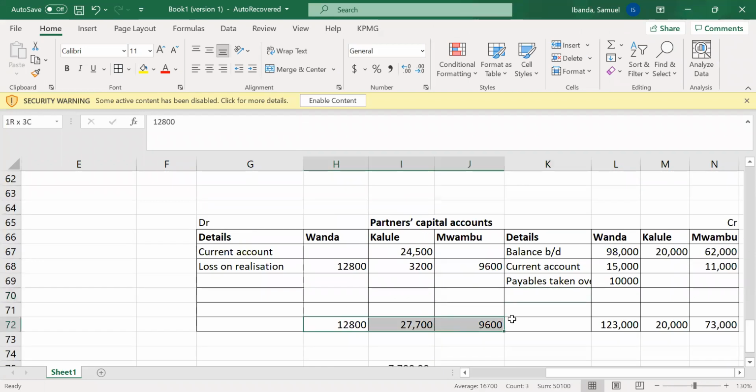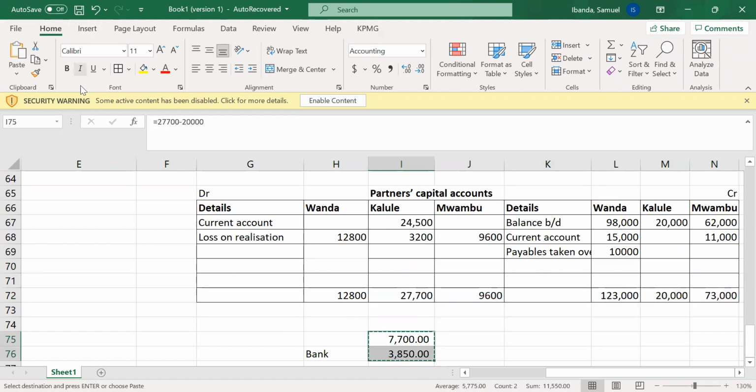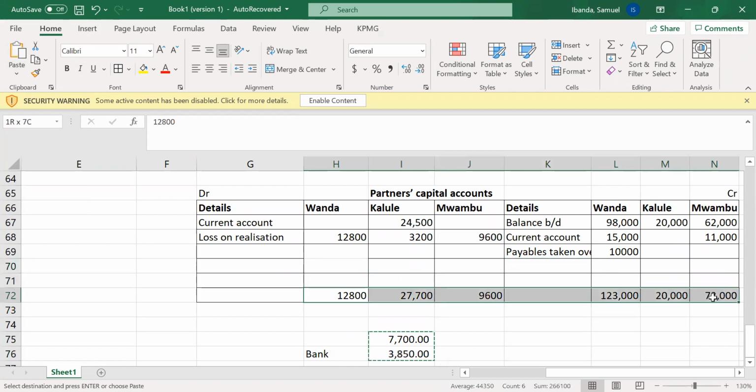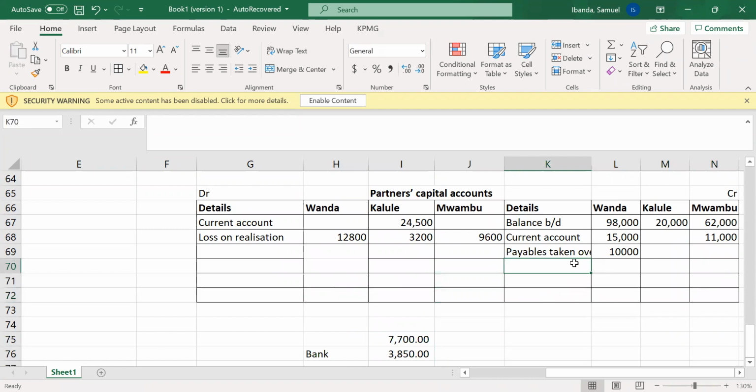Remember these totals, I just told you that these totals just help us to determine the deficiency, but they're not supposed to be there. You only put the totals after you've fully balanced off your account. So there is bank, and this bank is by Kaole. For his deficiency, I'll record what he has paid, which is 3,850, under here.